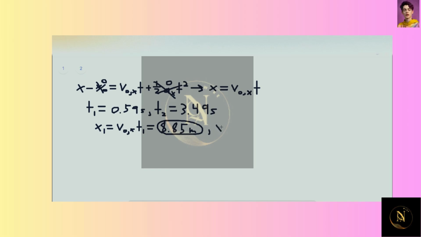Okay, so now what about x2? Well, x2 is going to be v0x times t2. So now plug in the same value for v0x, and I plug in t2 here, so I can get x2.